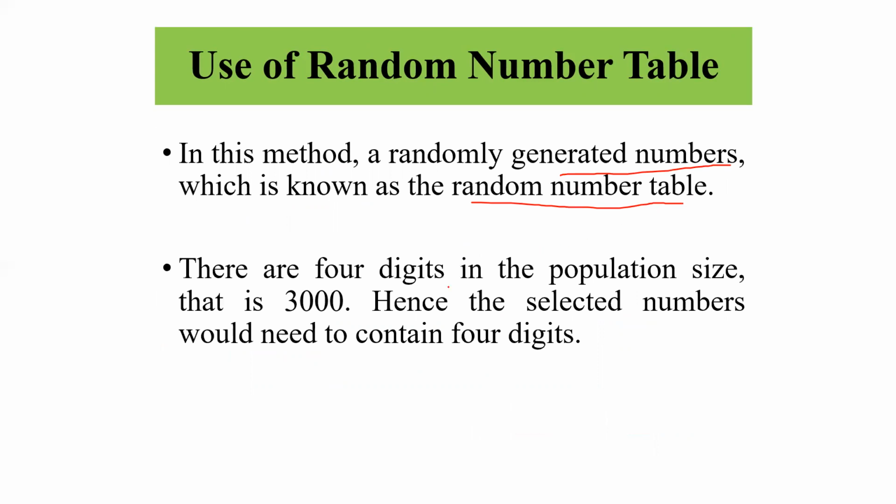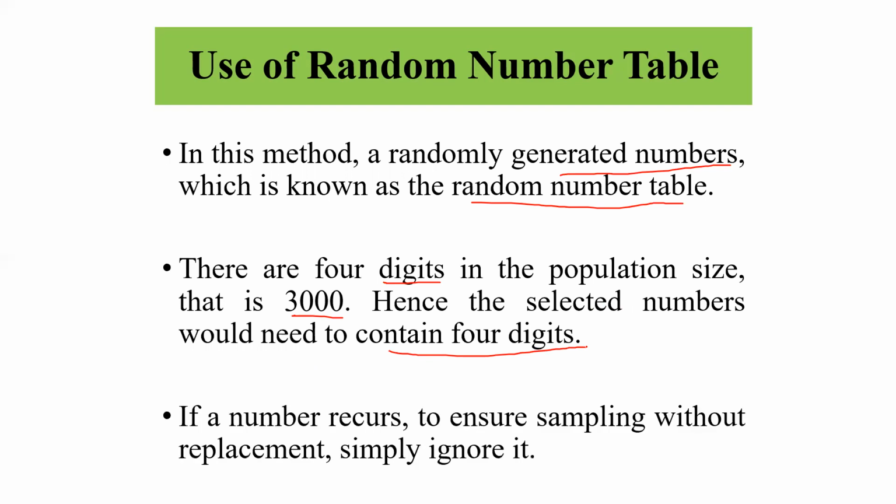Since there are 4 digits in the population size, that is 3000, the selected numbers need to contain 4 digits. Once we are creating the random number table, we need to remember: if a number recurs, to ensure sampling without replacement, simply ignore it.